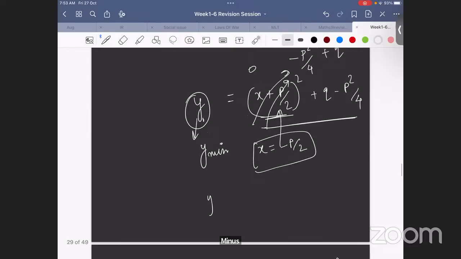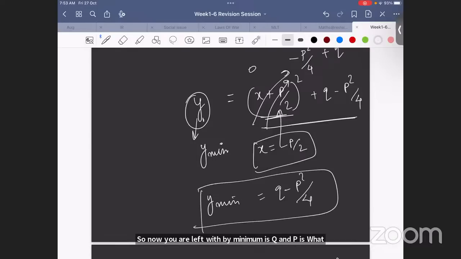So now you're left with y minimum as q minus p square by 4. What is the value of y minimum that has been given? 0. If you make it 0, you are left with q equals p square by 4. Correct?